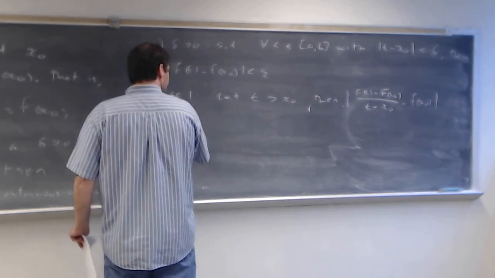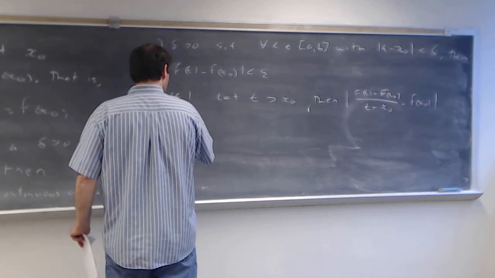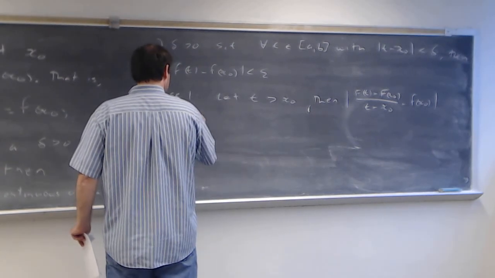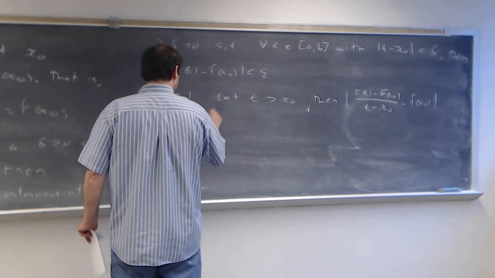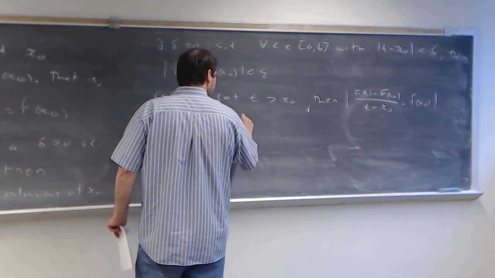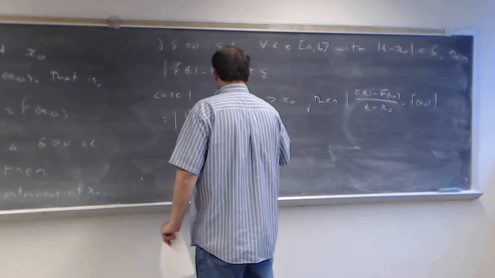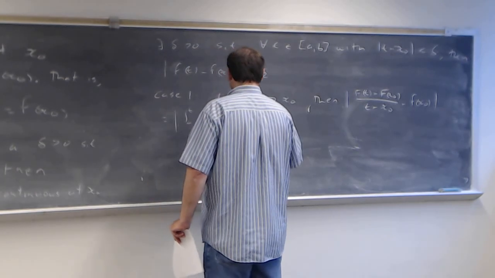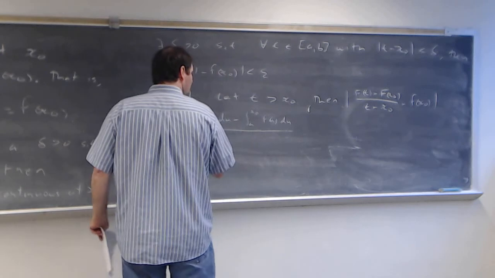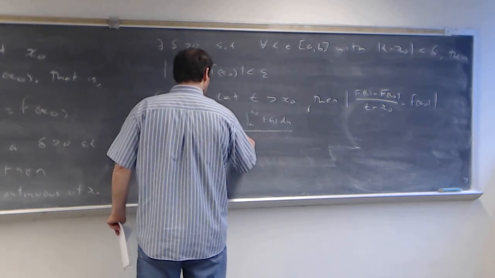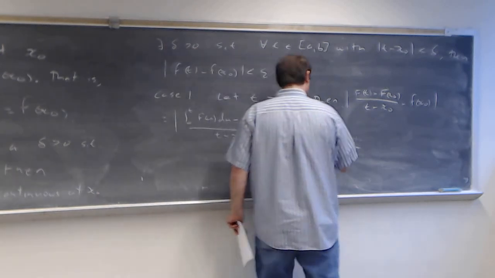This is equal to the integral from a to t of little f of u du minus the integral from a to x naught of f of u du, all over t minus x naught, and then minus f of x naught.